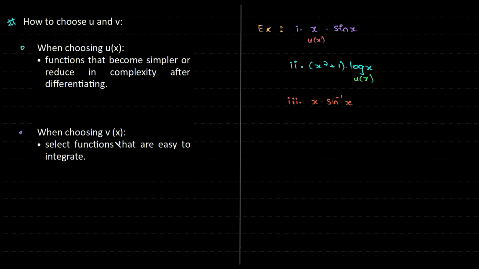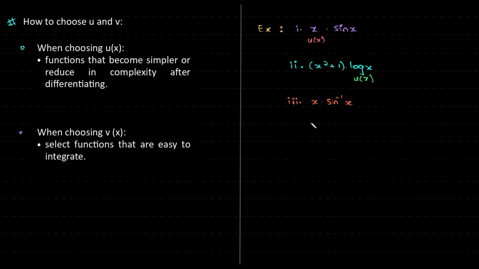See, we have to look at both ends. If I happen to pick this as u of x, then the integration of the other function should be simpler. We don't know how to integrate log of x. So obviously, it's better for us to differentiate this and find the integral of the other. How will the answer end? That you will understand when we do such questions.